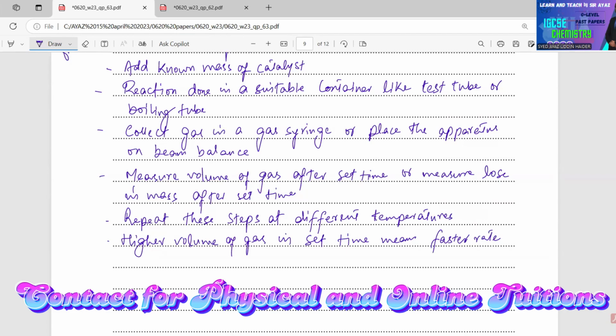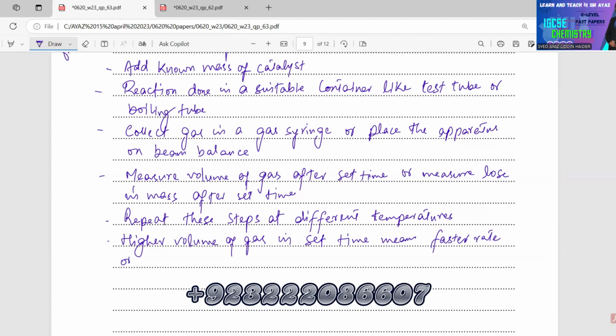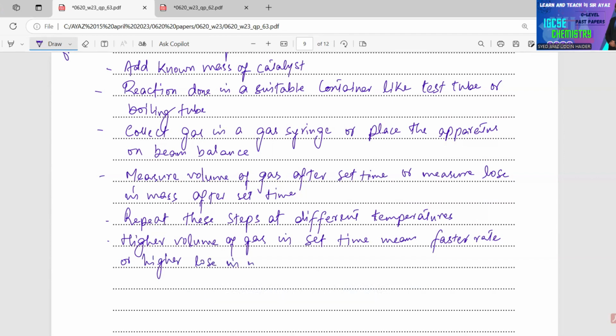So for the mass, you have higher loss in mass in set time means faster rate. You can even at this point repeat the steps at different temperature, it's already mentioned.